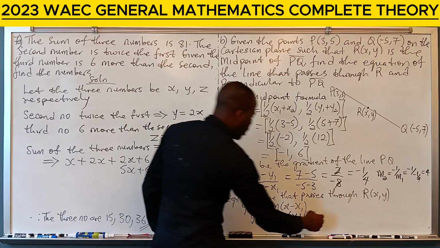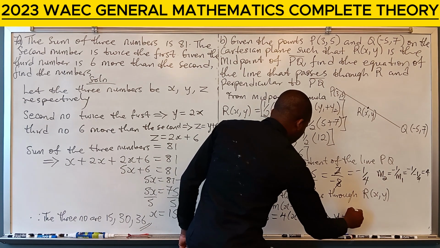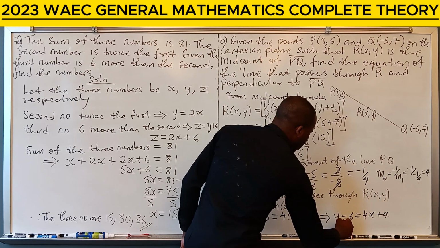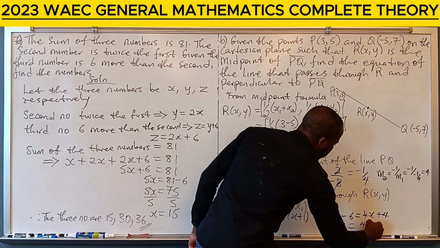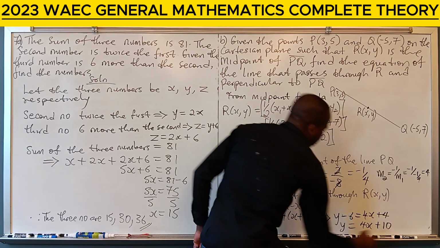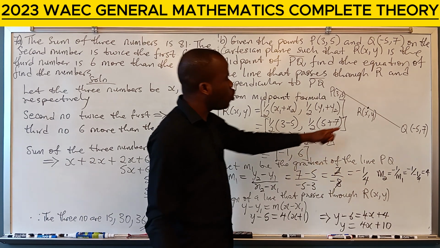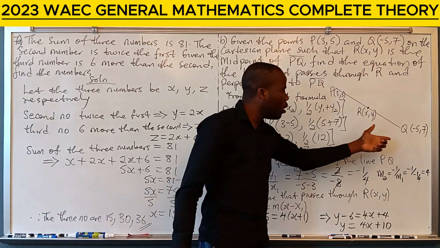And when we open the bracket, we'll have y minus 6 equals 4x plus 4. So y, adding 6 to both sides, will be 4x plus 10. This is the equation of the line that passes through the point R and is perpendicular to PQ.